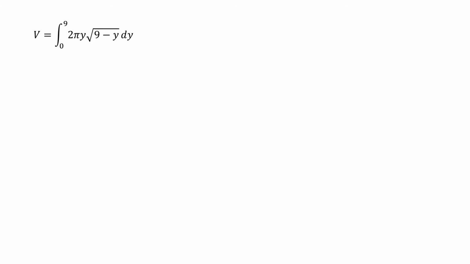To do this one, let's re-express the square root of 9 minus y as that raised to the power of 1/2. The integral from 0 to 9 of 2 pi y, and in parentheses 9 minus y raised to the power of 1/2 dy. We need to do a substitution.